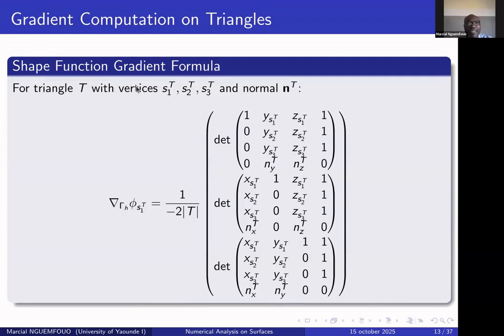The shape function gradient is calculated on a triangle like this. More detail on all this is in my thesis and my papers, which I can share with you at the end of this presentation.